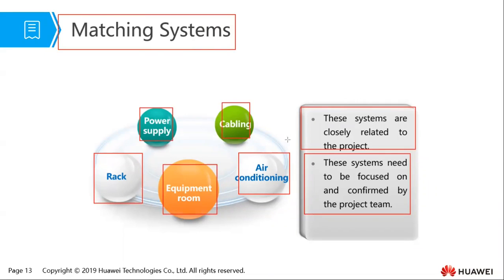Now, cabling, network cables. Network cables are actually the connection lines that are used to interconnect the different devices, for example, between switches, between routers, or between switches and routers. And sometimes cabling for a local area network is actually defined as an independent project, just like air conditioning, power supply, rack, and so on and so forth.